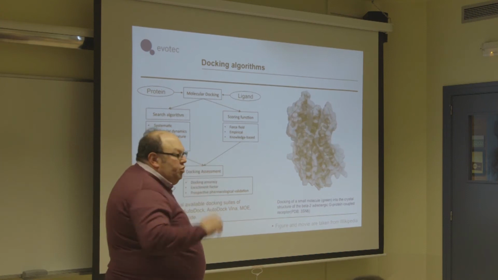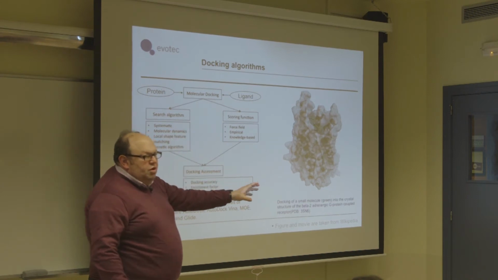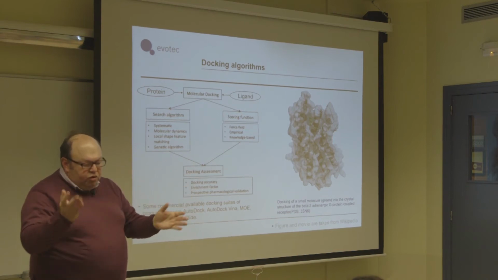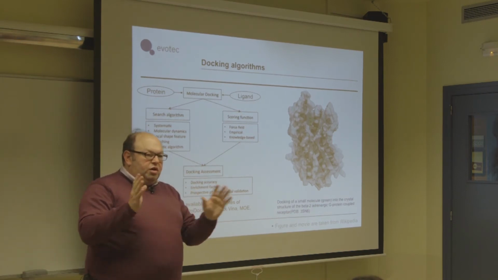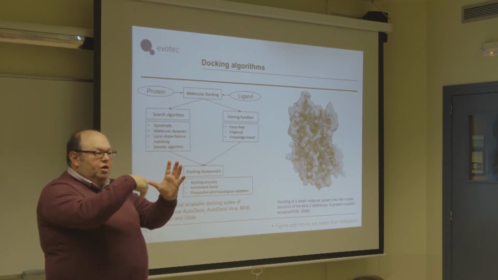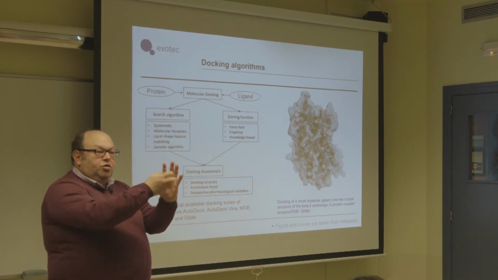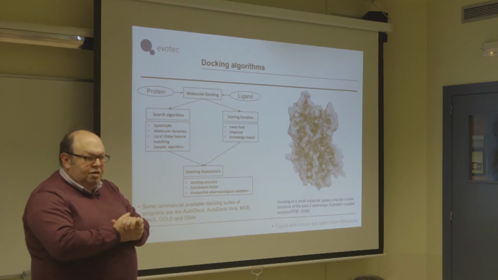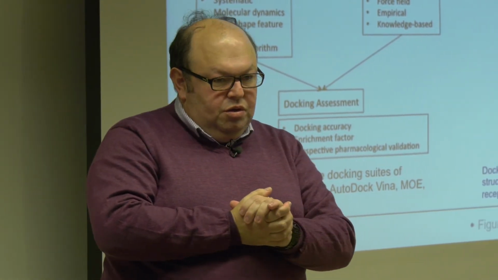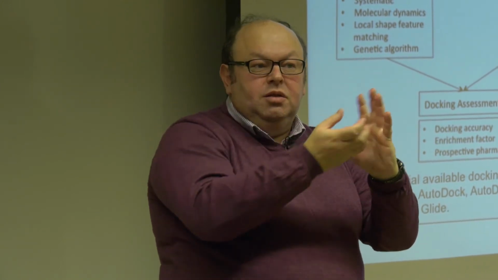So you let the computer do the work. You take the protein, you keep everything rigid, usually. There is other software where the protein can also move, but usually, in the classical way, you hold everything rigid in your protein and you rotate your ligand inside of the binding site, trying different ways of binding. Each binding pose is scored, and in the end you have a list of different binding ways.